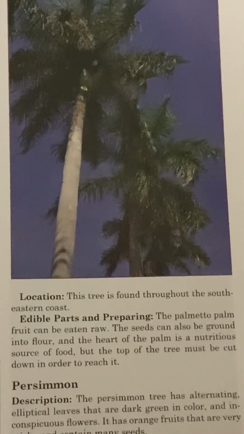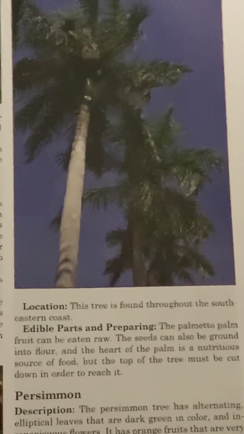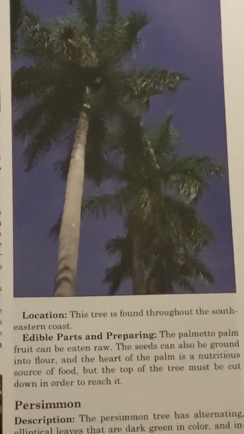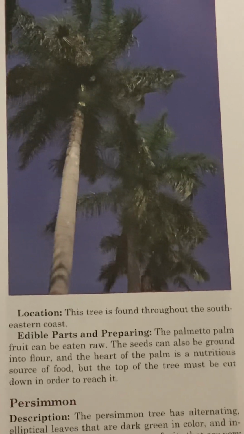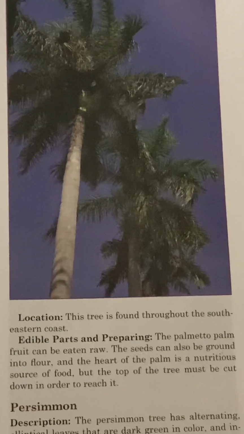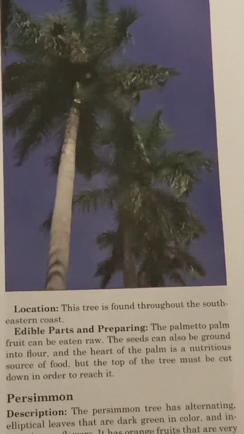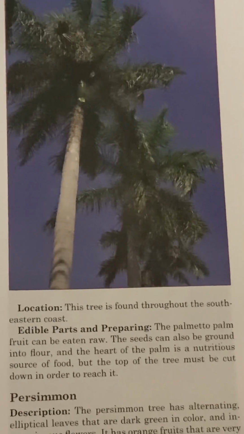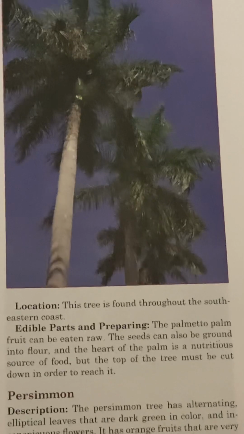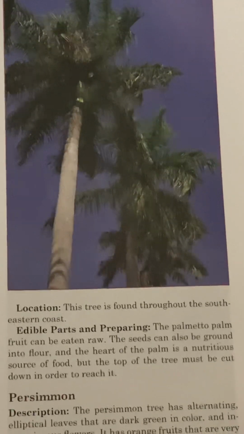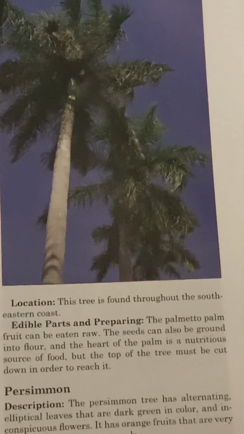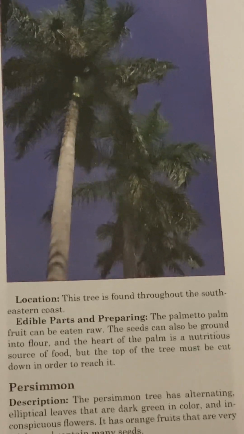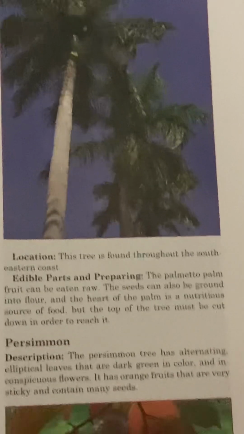This tree is found throughout the southeastern coast. Edible parts and preparing. The palmetto palm fruit can be eaten raw. The seeds can also be ground into flour, and the heart of the palm is a nutritious source of food. But the top of the tree must be cut down in order to reach it.